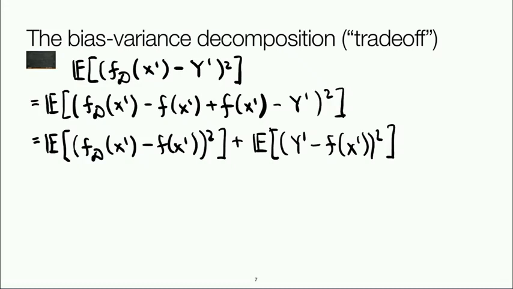And in fact, we can see this even more clearly if we recognize that this f of x prime here is actually the expectation of y prime, okay? Because we assume 0 mean additive noise. So f gives the mean of the y, but there's some noise involved here, so the expected squared difference between these two things might still be non-zero.